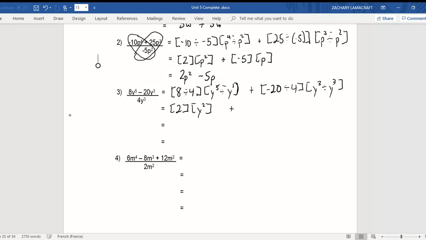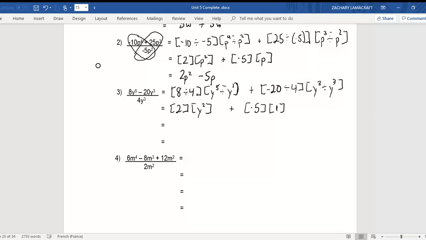And then we have negative 20 divided by 4 is negative 5. And then we have y to the 3 divided by y to the 3, so anything divided by itself just equals 1.